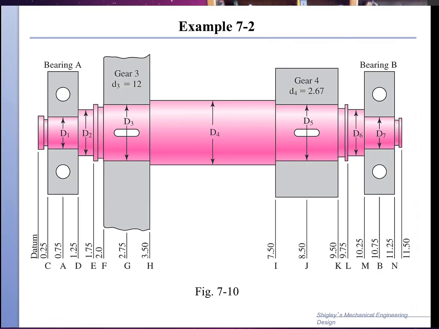So if we go back to what's happening here, we were required to analyze the situation at this point I, and this gives us the small diameter, which is D5 basically. This is 1.625 inches. So the question to us is, what about this diameter?